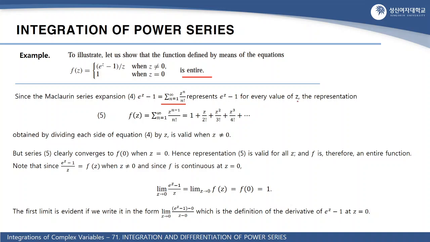For every value of g, the representation of f of g can be constructed by multiplying 1 over g to both sides.